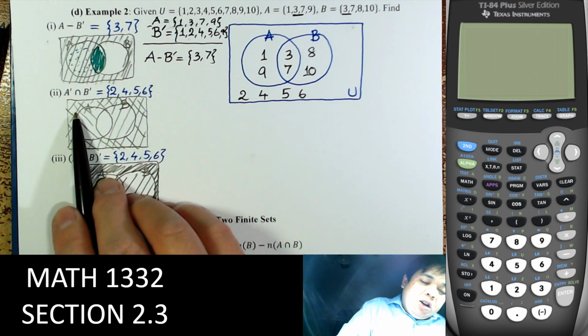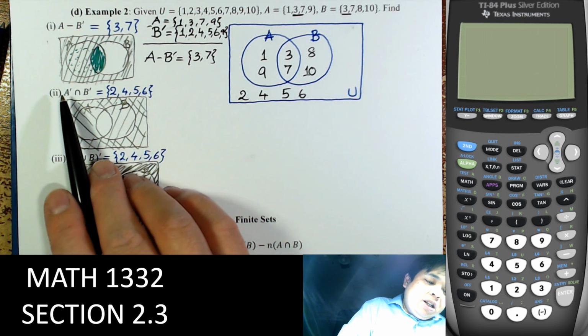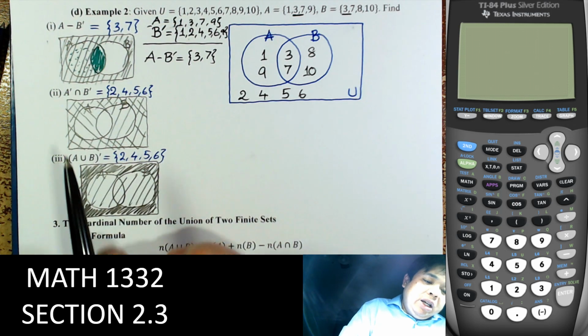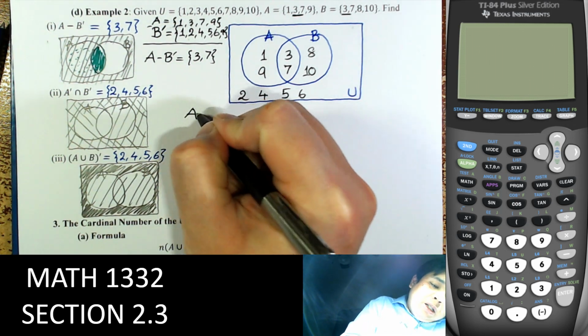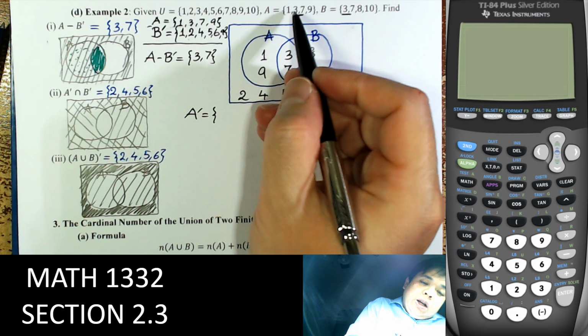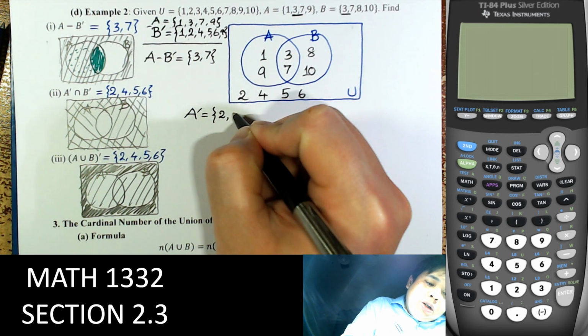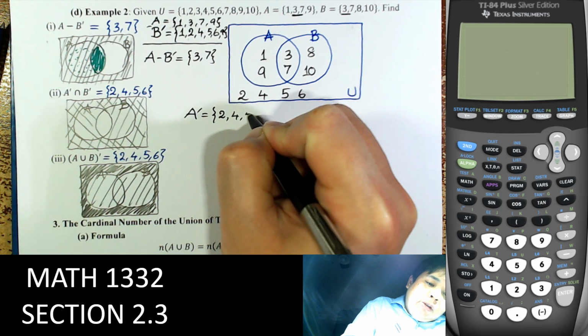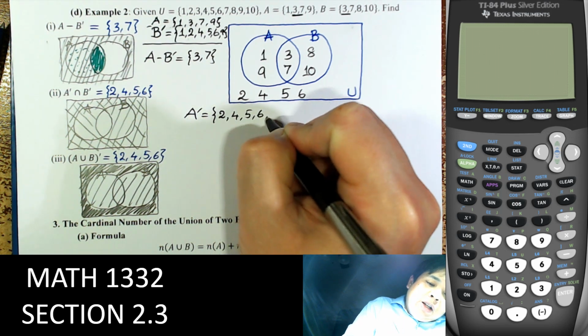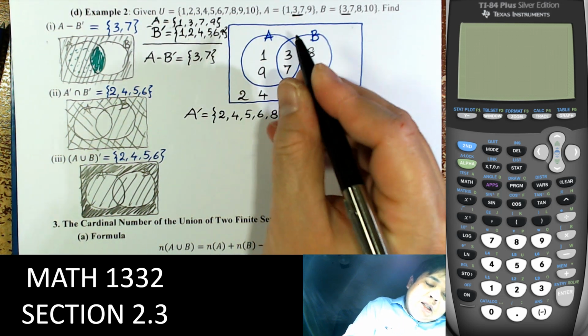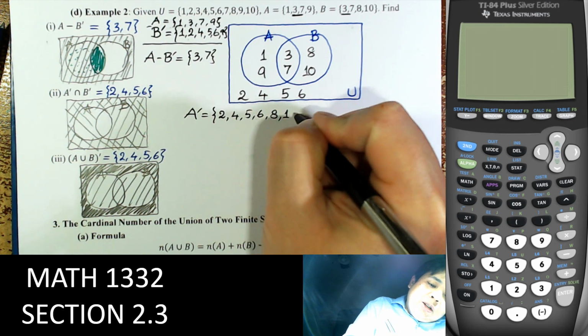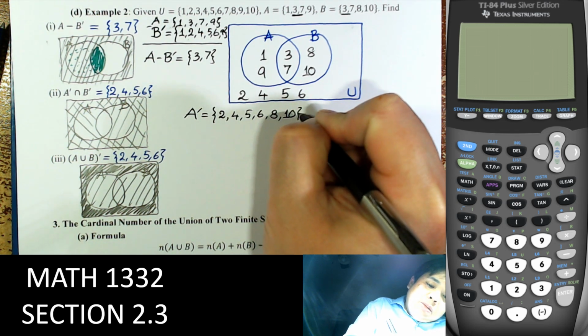On the second one, the intersection of A complement and B complement. First we do A complement. Not in A will be 2, 4, 5, 6, and 8, 9, and 10. So that is A complement.